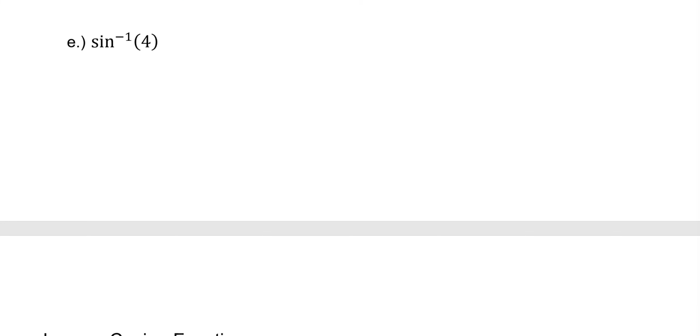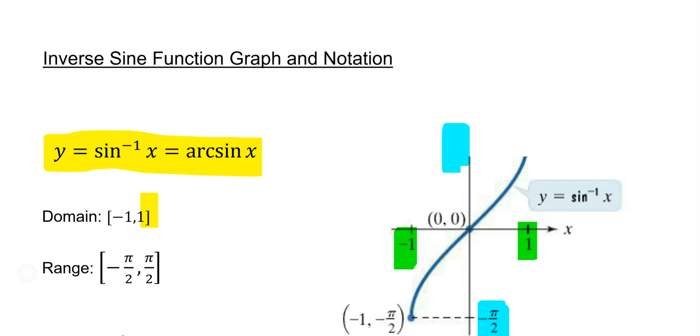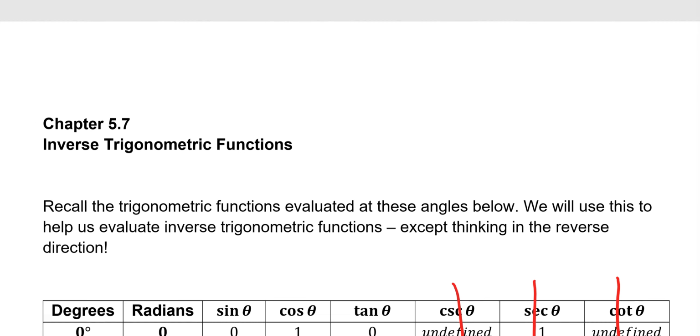And then for the last one, where this starts to get a little bit trickier: when we were evaluating just plain old sine and cosine of some angle, sine and cosine both have domains of negative infinity to infinity, so we never had to worry about any weird domain errors. But when we look at sine inverse of 4, for example, just take a look at the reference angle table on this first page of notes.